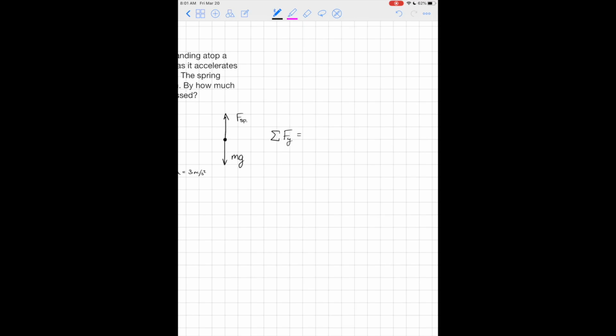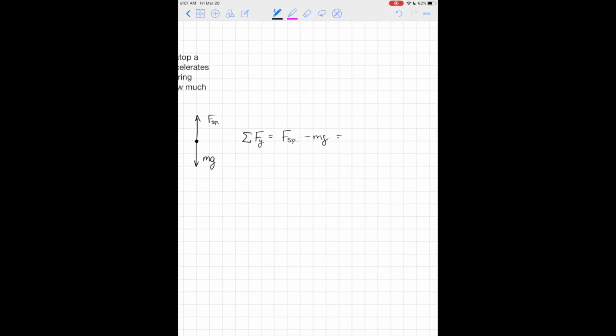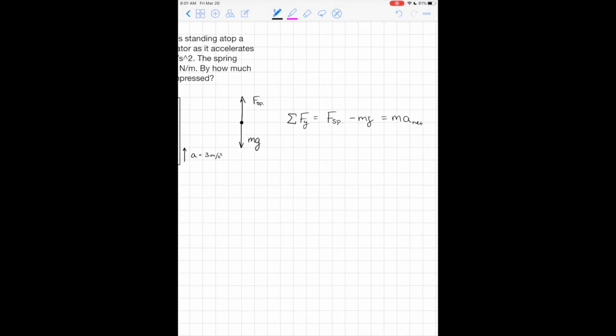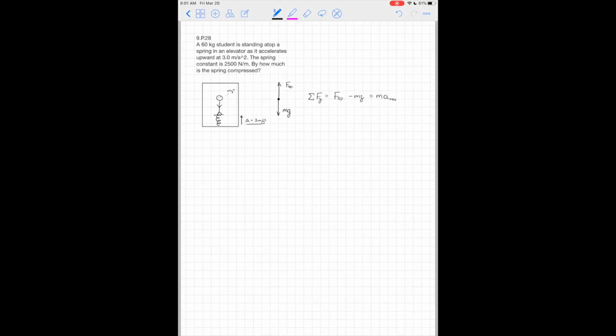I'm going to say that I have my spring force minus my weight. That whole thing needs to be equal to m a net, which a net is this 3 meters per second squared.